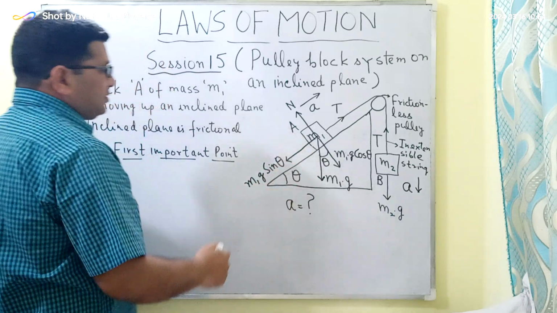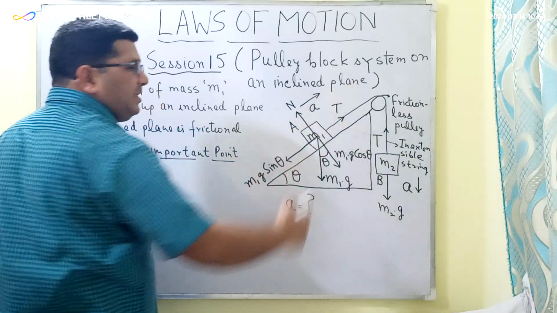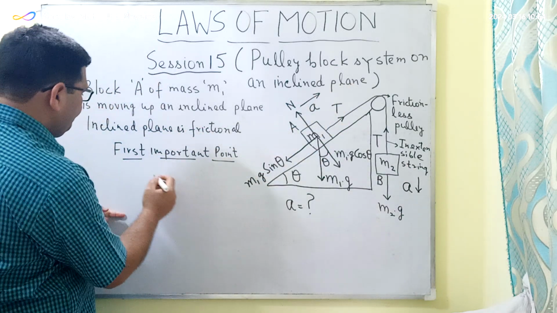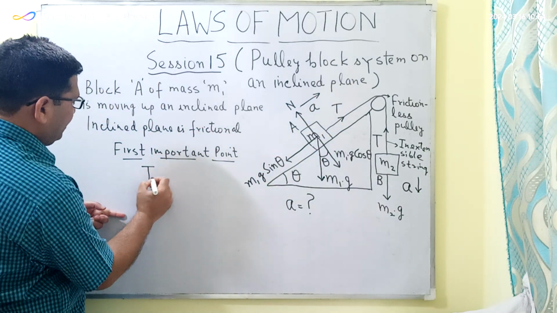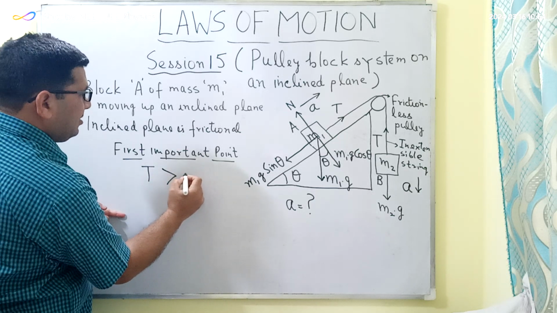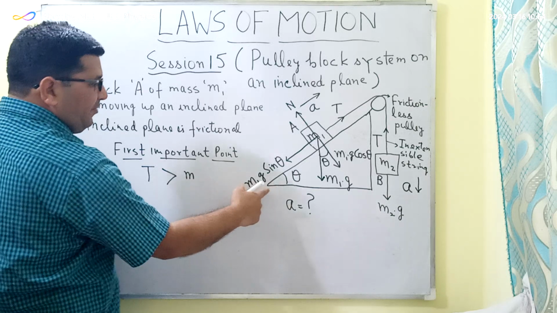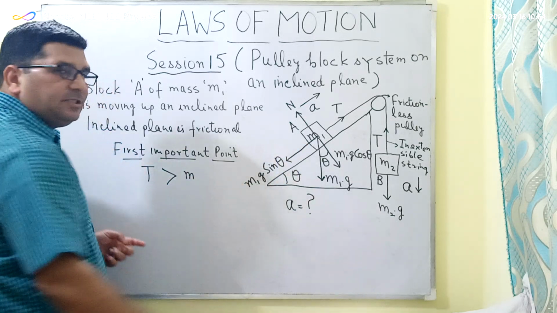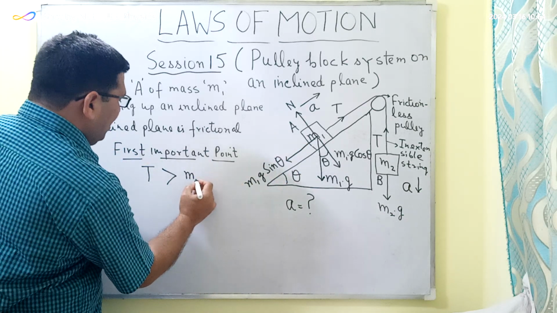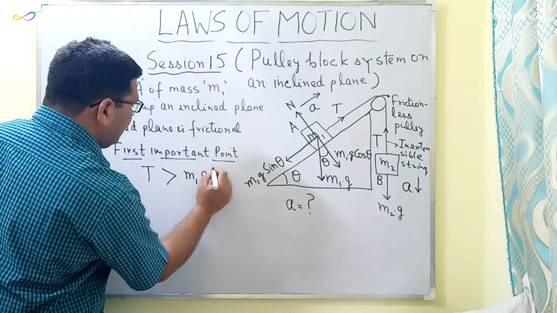Okay, so now this block will move in the upward direction only when the tension in the string is greater than the component of the weight which is acting in the opposite direction along the inclined plane, which is equal to m1g sin theta.